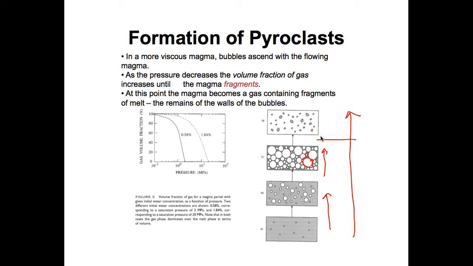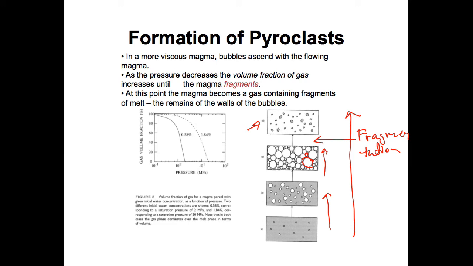So right here, at this level, we have fragmentation. The walls of liquid silicate rock between the bubbles actually fragment, and when all that is done, we now have, as in this diagram here, instead of a bubbly liquid, what people refer to as a dusty gas. We have predominantly gas, with particles floating around in the gas that were actually made up of what used to be the walls of the bubbles.